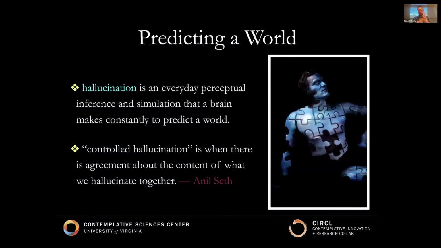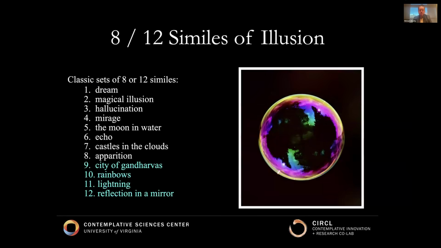So this all lends itself very well, I won't go into it too much, to predictive models. And there's a whole kind of paradigm about everyday perceptual inferences and simulations that the brain makes. I'm sure many of you are familiar with predictive coding, this idea of a controlled hallucination and so forth. I just want to give a nod to this because if you're understanding what I'm saying, that may be something that you intuit.